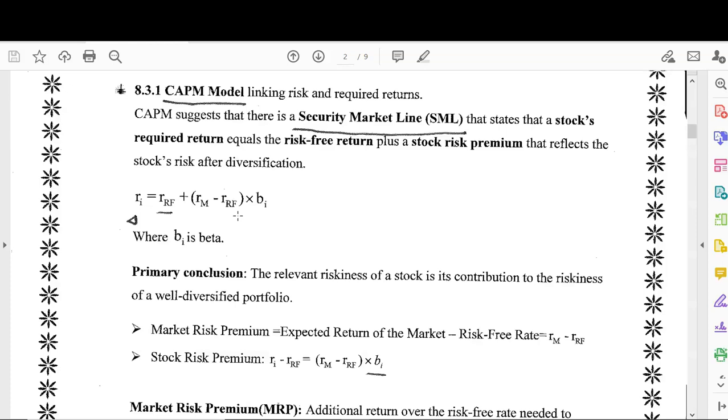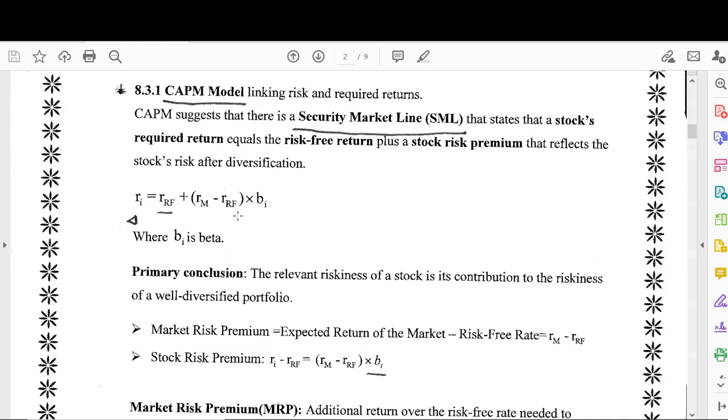Okay, so the key thing here is how we can measure stock risk premium. When we're talking about stock risk, we're not talking about the standard deviation or the coefficient of variation that we used to measure stand-alone risk or total risk anymore for a single stock. We're talking about a stock that we're holding in a portfolio. And remember, when we're holding a portfolio, we are holding the market risk, right?